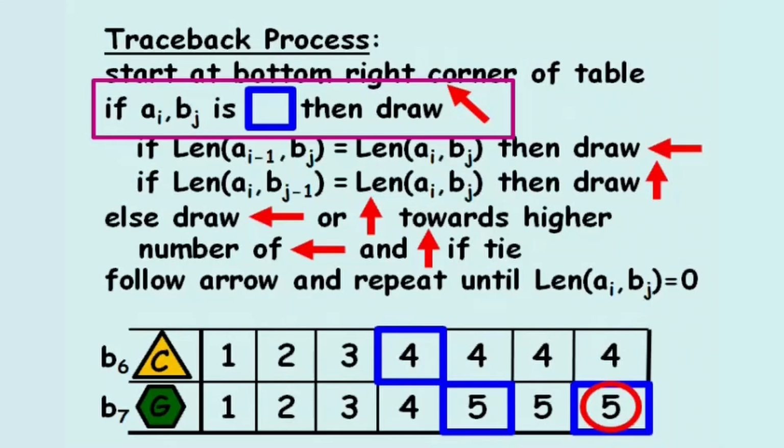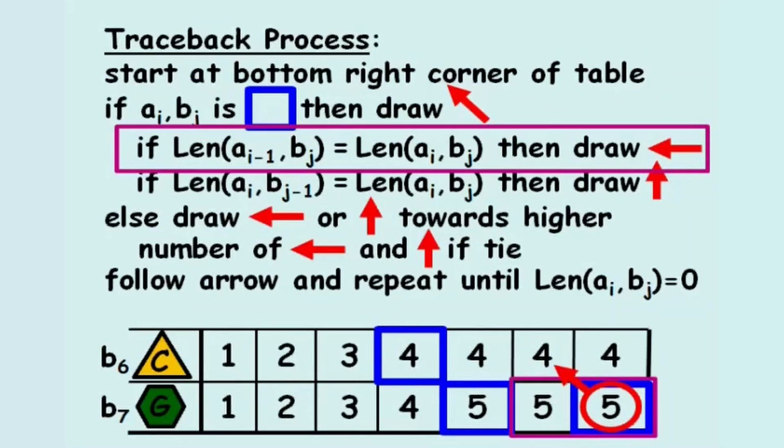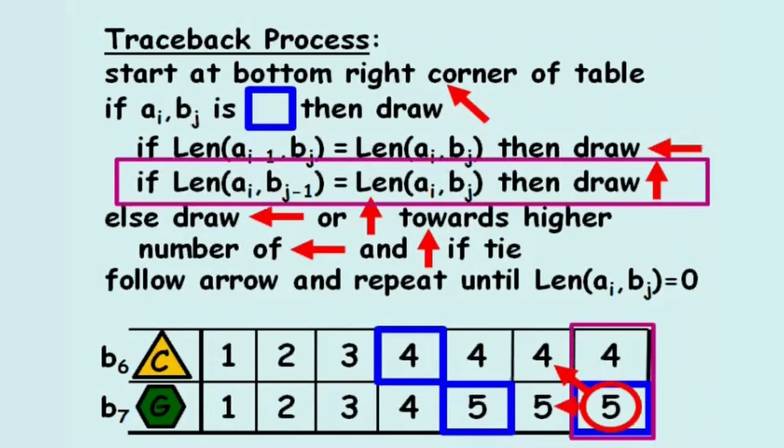If cell AI BJ is a matching pair, which it is, then draw an arrow up and left. If the value in the cell to the left is equal, which it is, draw an arrow left. If the value in the cell above is equal, which it is not, we would have drawn an arrow up.